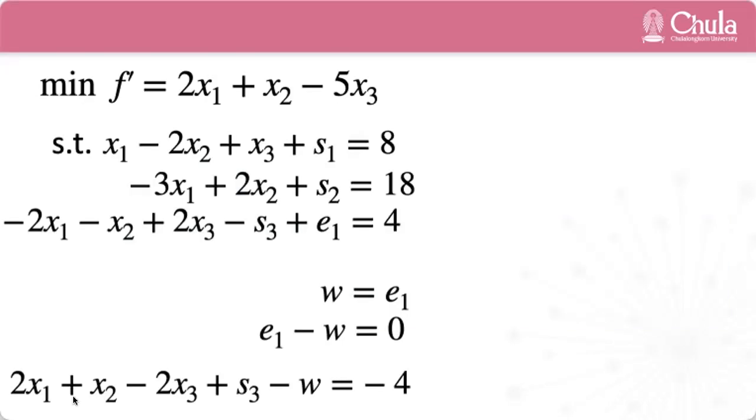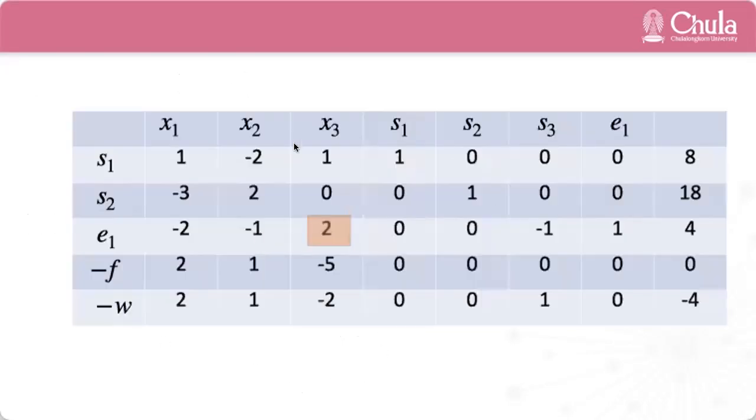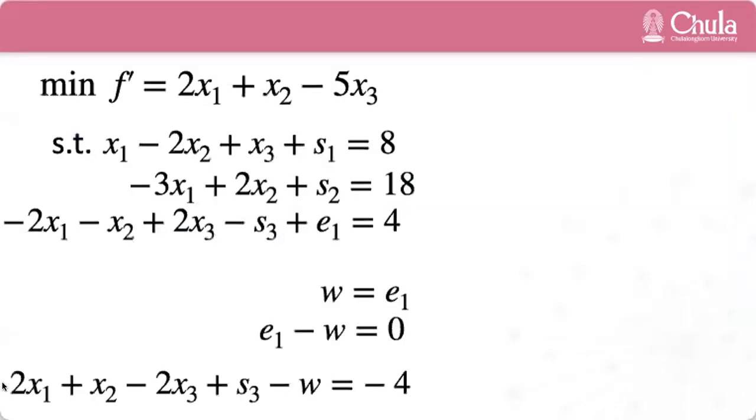Okay, so we put all these coefficients in the table again. This is the first one, the second one, the third one, and this objective function and our artificial variables.